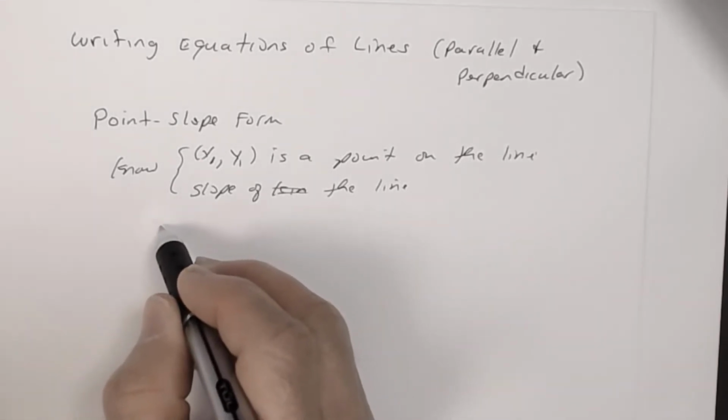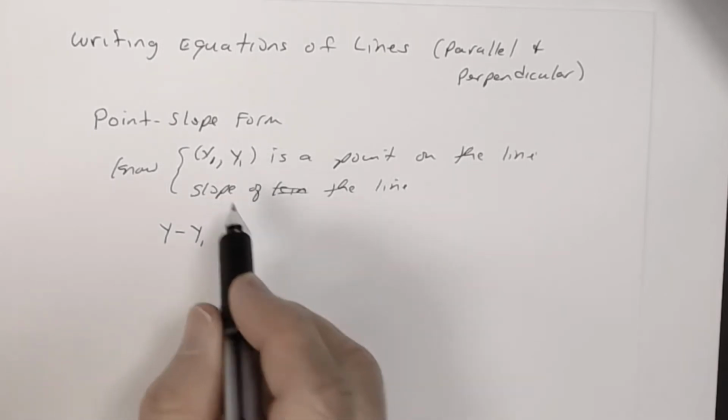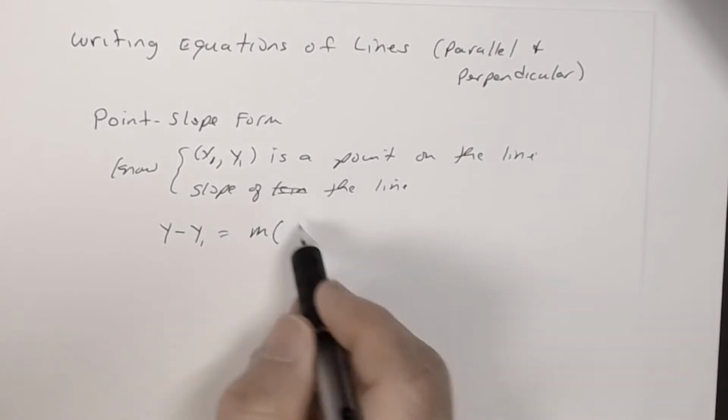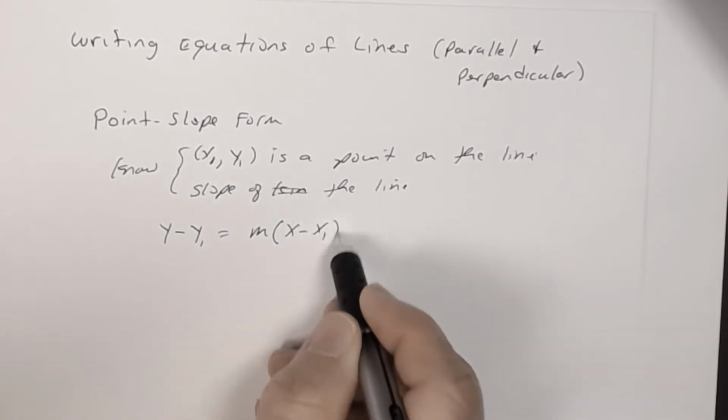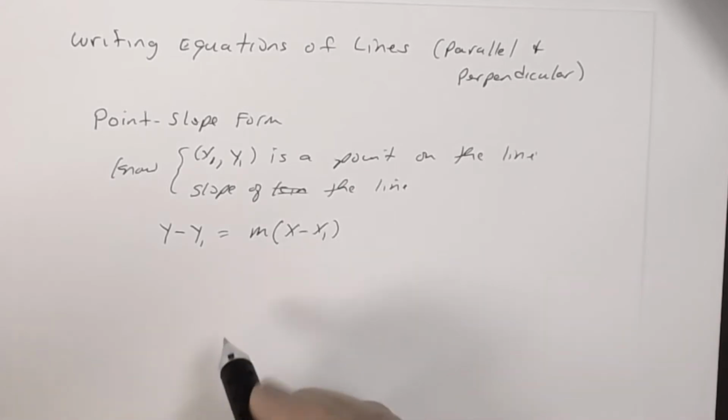It is y minus y1, the y coordinate of your point, equals the slope, m, times, in parentheses, x minus x1, the x coordinate of your point. Okay? So that's point-slope form.